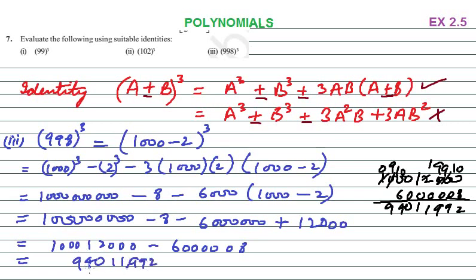If I have to put commas, then it should be like this: 94,11,992. So you need not put commas, but it is easier to pronounce the number this way. So this is how you will attempt 7th question. The other 2 parts are your homework, so I'm not going to do them. So let's move forward.